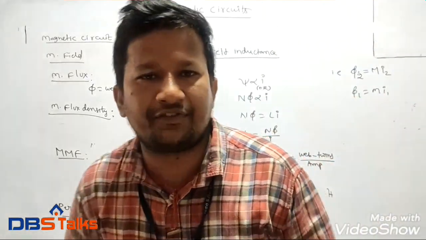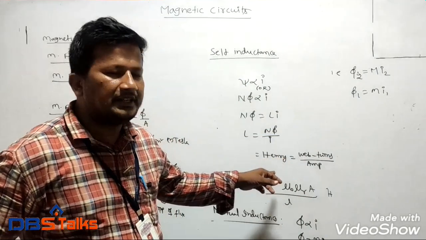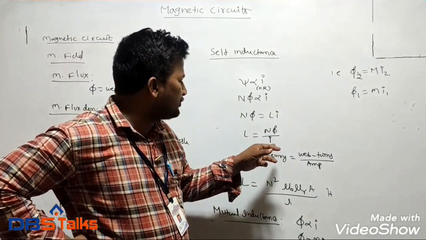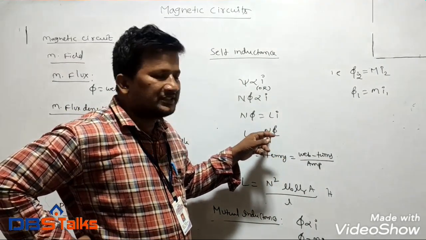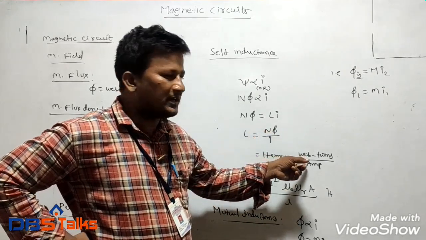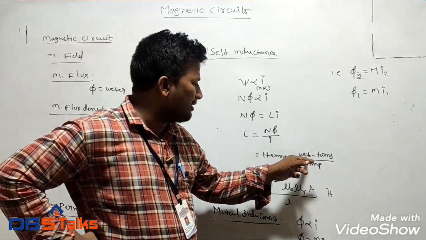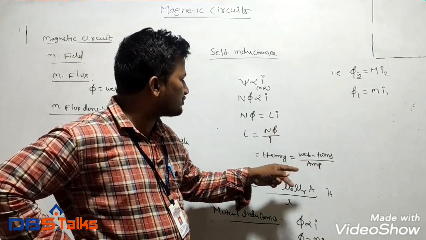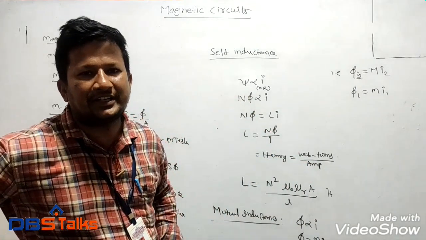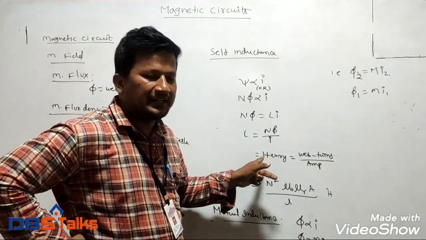The unit of inductance is Henry. Another unit: number of turns, flux in Weber, and I in amperes, so Weber turns per ampere is also a unit of inductance, and the SI unit is Henry.